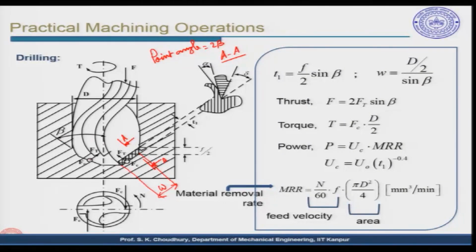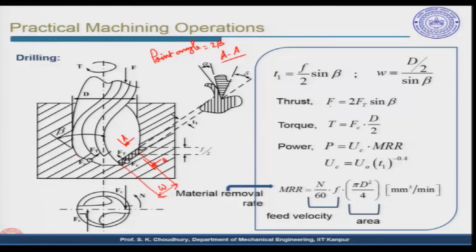The thrust force will be directed from this tooth towards the center of the drill, and this will be perpendicular to the tooth. The Fc will not be visible in this view, Fc will be visible in the top view, and this will be resisting the torque which is applied to the tool, that is to the drill.